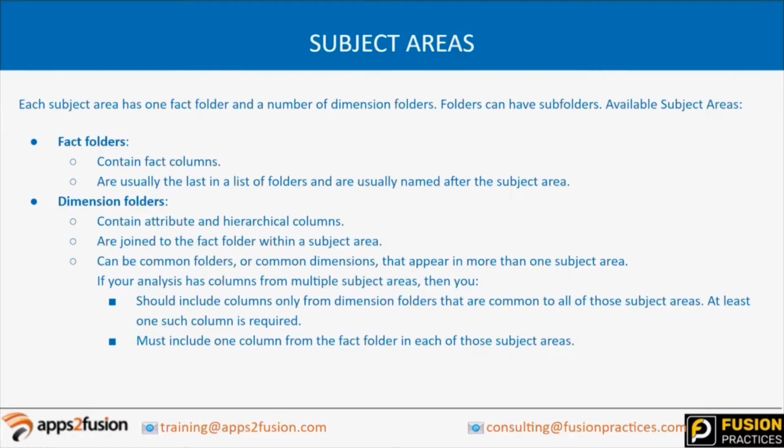If you find any folder that has only fact columns, then we refer to that as a fact folder. Dimension folders usually contain the transaction data columns, and your hierarchical columns are usually under your dimension folders.